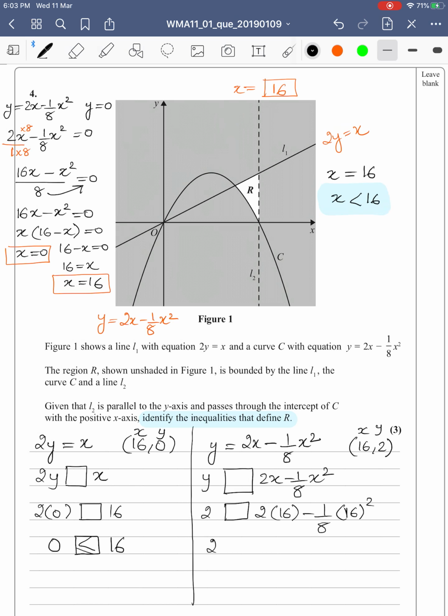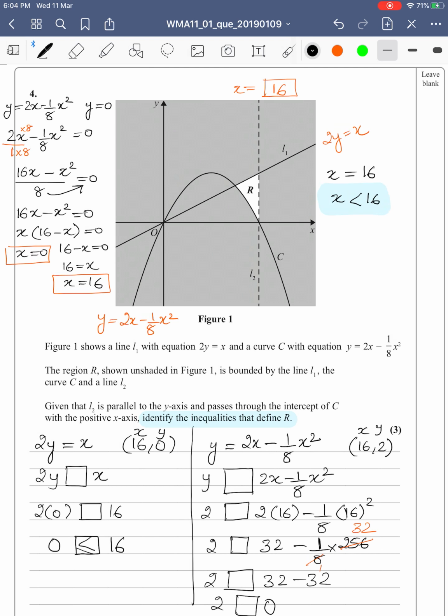So now I have 32 minus 1 upon 8 into 256. I can cancel: 8 ones are 8, 32 8s are 256, and now I have 2 and 32 minus 32, and 2 and 0.